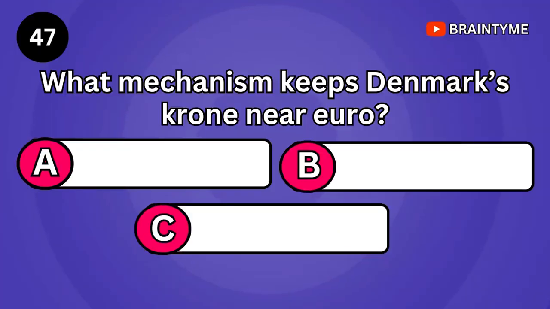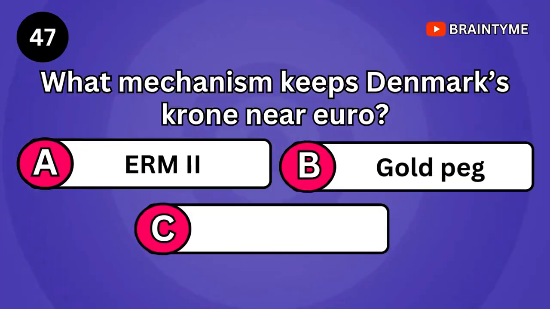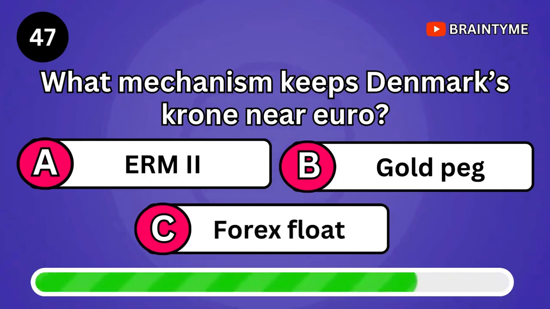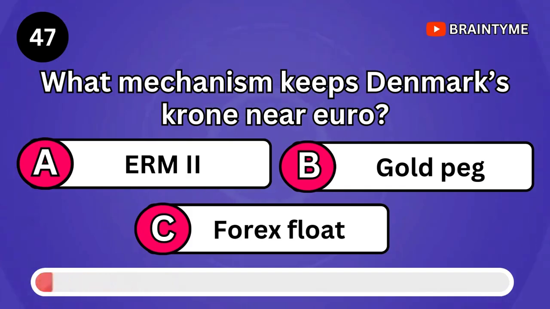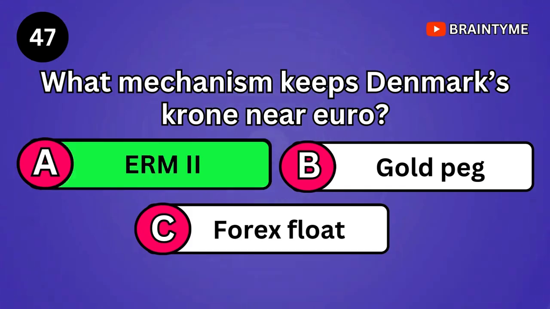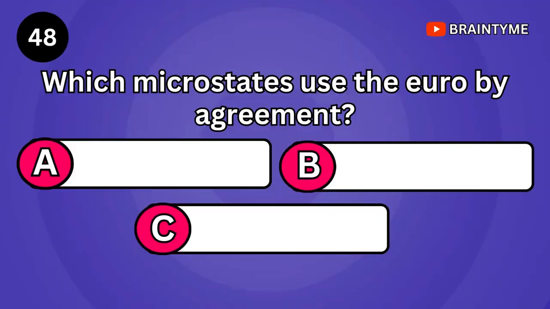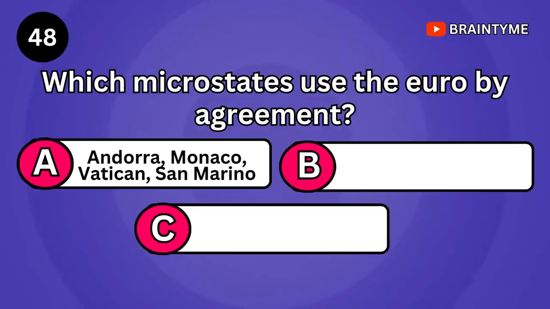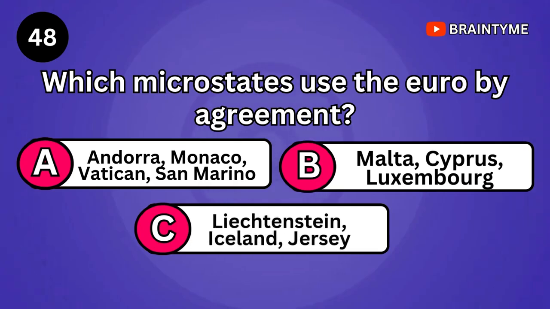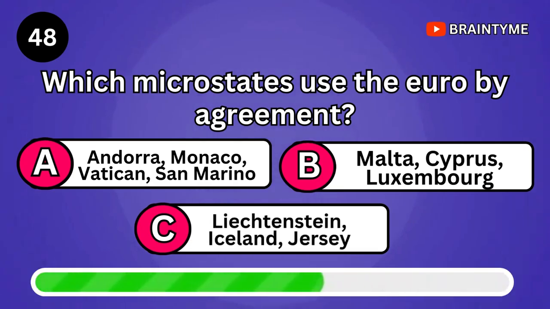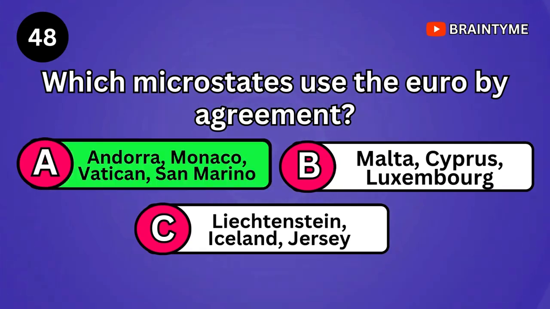What mechanism keeps Denmark's krona close to the euro? ERM2, Exchange Rate Mechanism 2. Which microstates use the euro via formal agreements? Andorra, Monaco, San Marino, Vatican City.